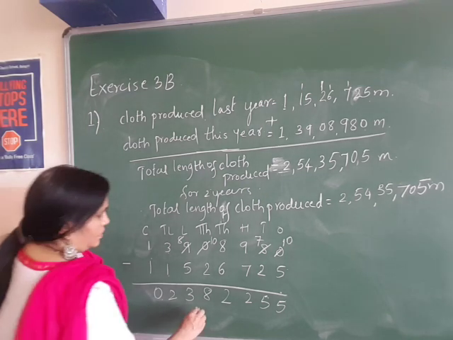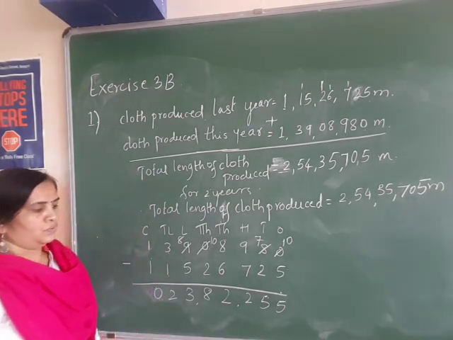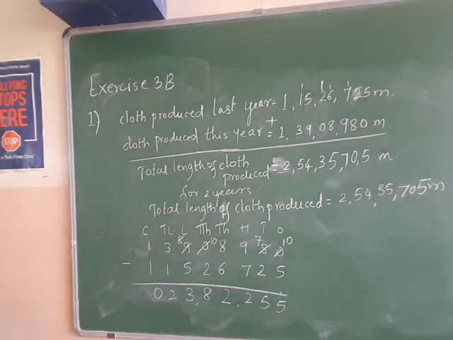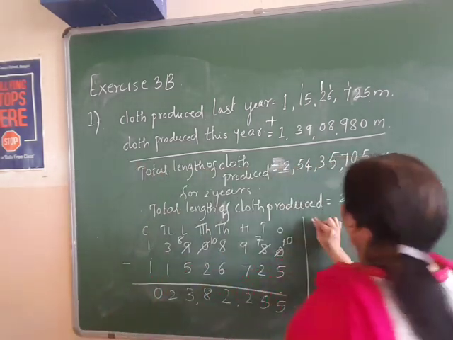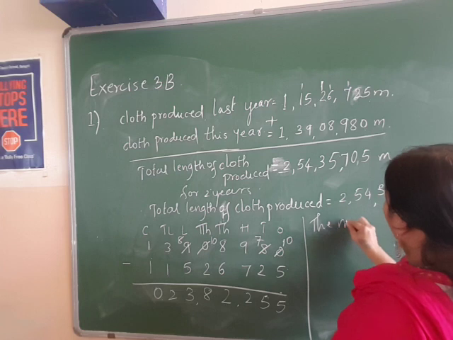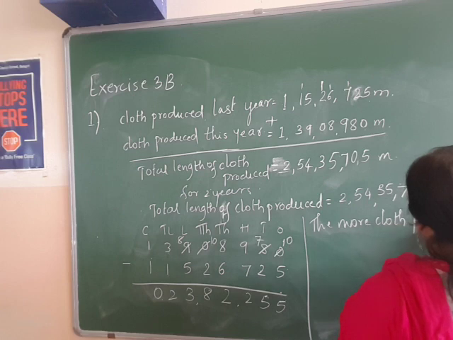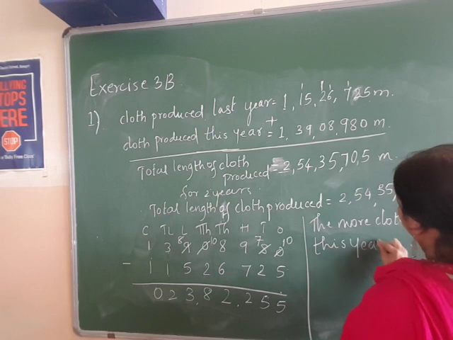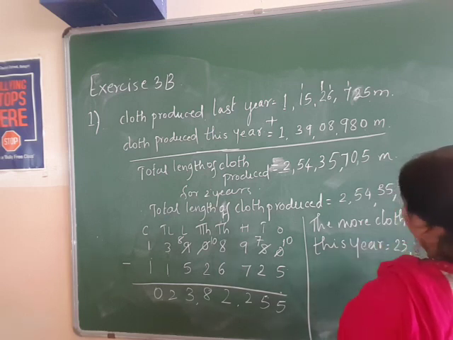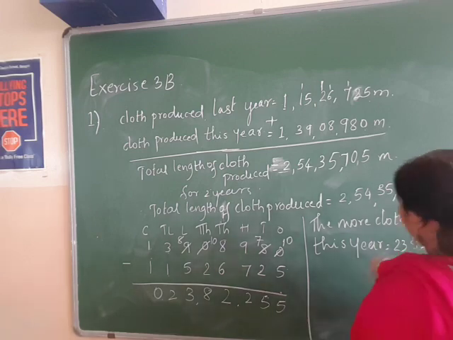So how much more cloth was produced? 23 lakhs 82,255 meters was produced this year compared to last year. I will write here: the more cloth produced this year is equal to 23 lakhs 82,255 meters.